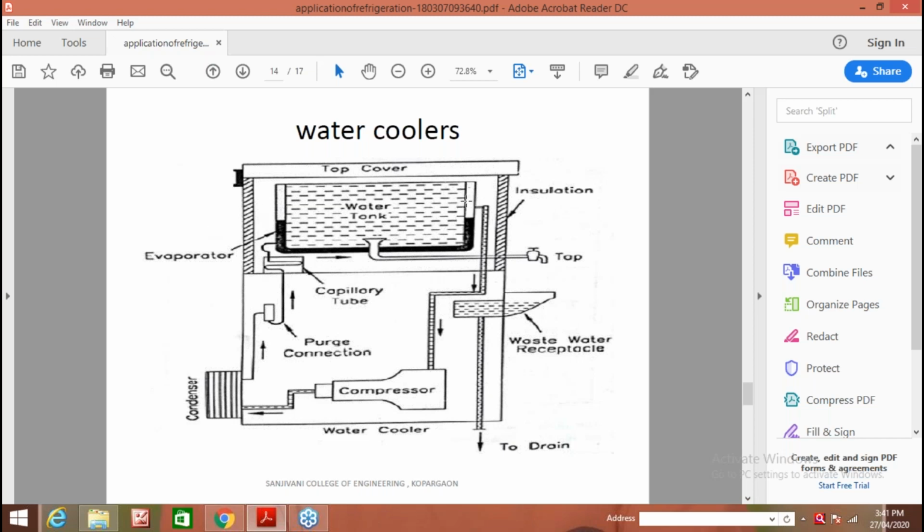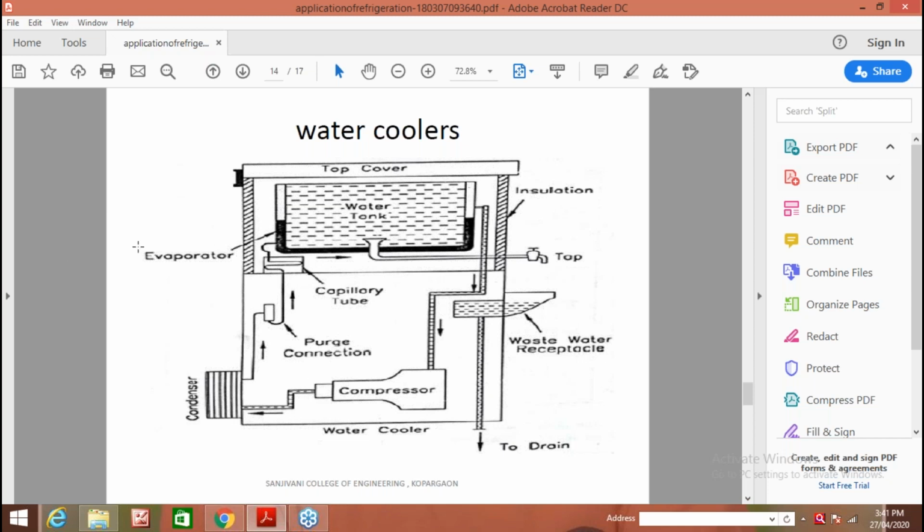This space acts as the evaporator. In that space water is kept. Capillary tube for expansion, condenser, and compressor. The compressor is placed at the bottom. So these are the four basic components of the simple vapor compression cycle: evaporator, capillary tube, condenser, compressor.